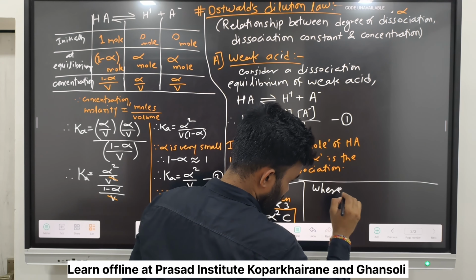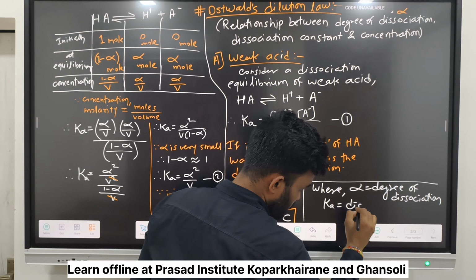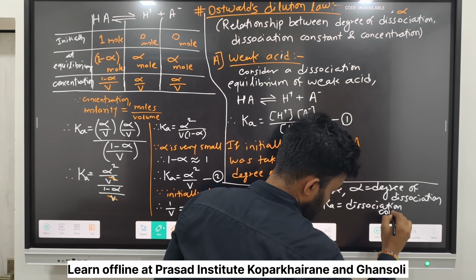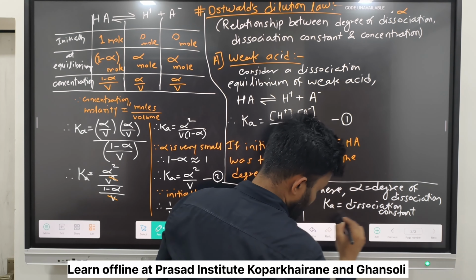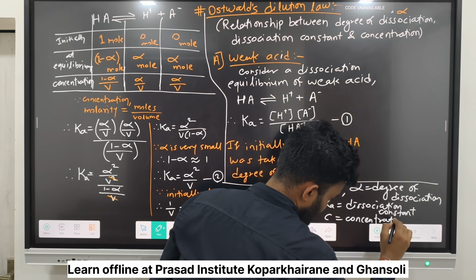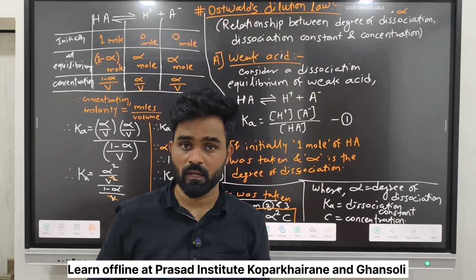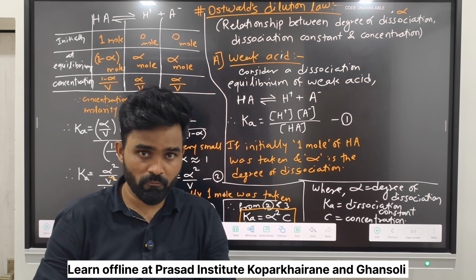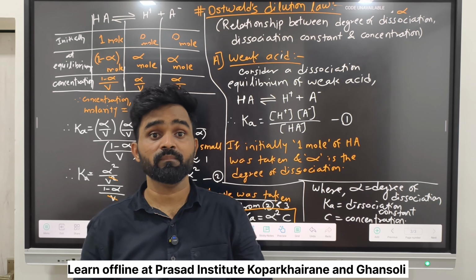Where alpha is equal to degree of dissociation, Ka is equal to dissociation constant, and C is equal to concentration.